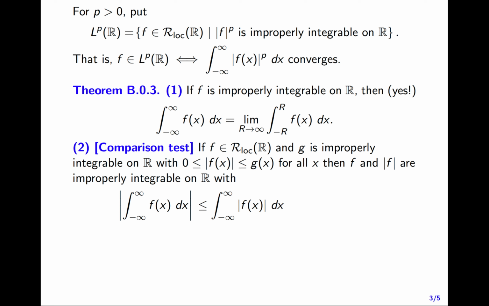That's the triangle inequality for integrals. And both of these integrals exist because f and modulus of f I claim are improperly integrable. And the second integral, minus infinity to infinity of modulus of f, is bounded above by the integral from minus infinity to infinity of plain old g of x.